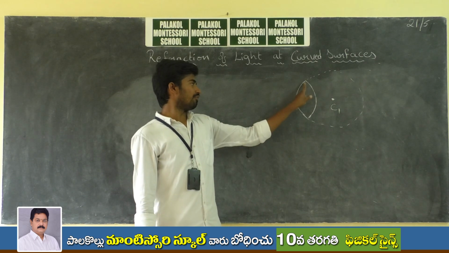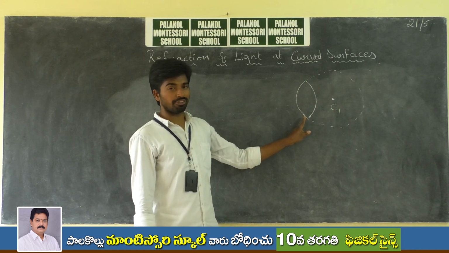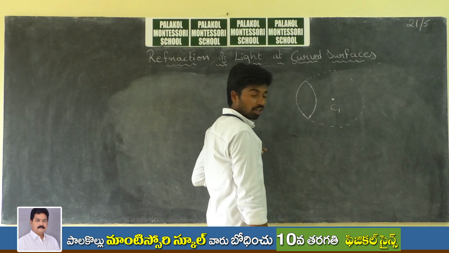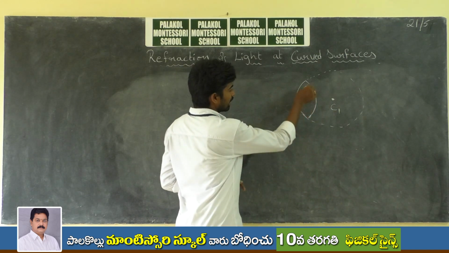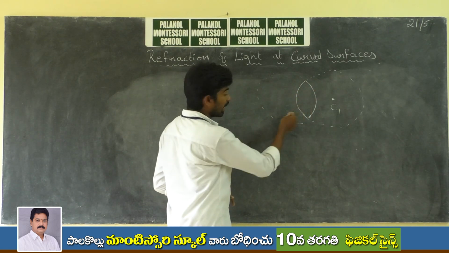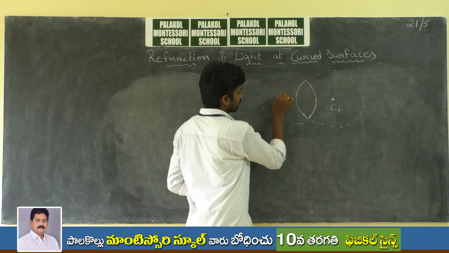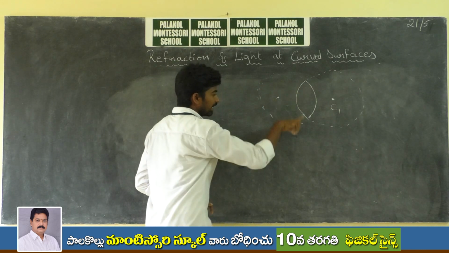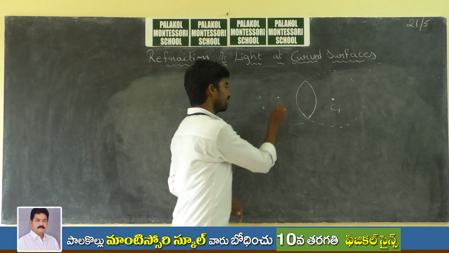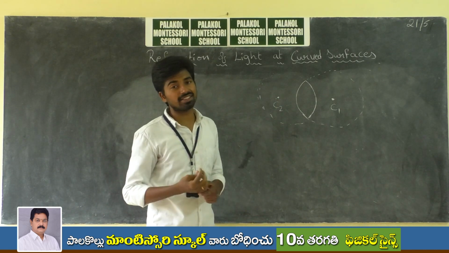So the center of curvature of the first surface of the convex lens is located on the right hand section of the convex lens, and the center of curvature of the second surface lies in the left hand section of the convex lens. The curved surfaces of the lenses are parts of spheres, and hence the sphere has some center.